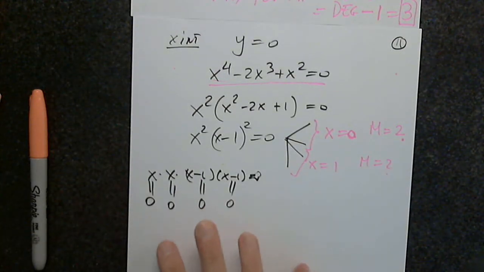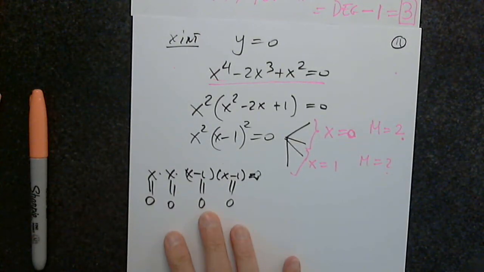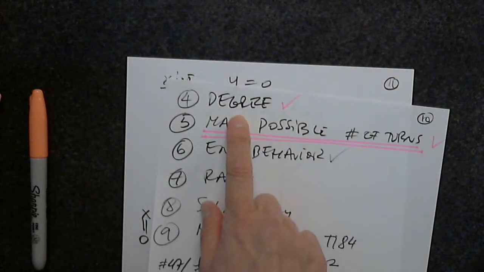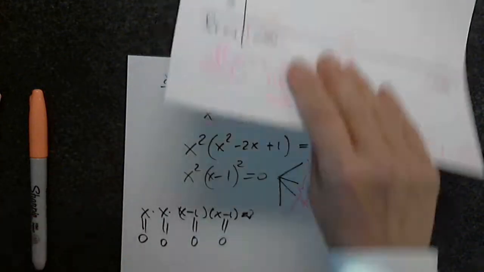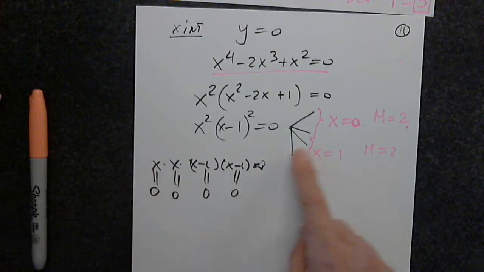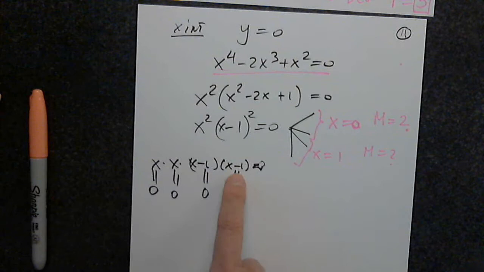Is this okay? Everyone? So is it 2 because there's 2? I have 4 factors. The degree is 4. I have to have 4 solutions. I have 2 factors x, so the solution is 0. I have 2 factors x minus 1, and the solution is 1.